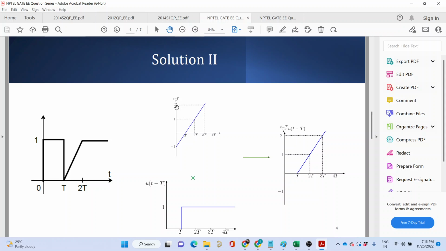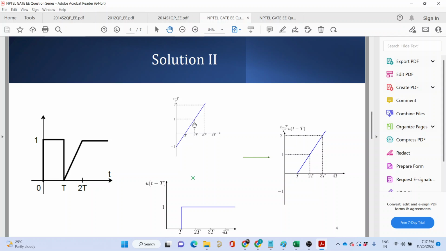Okay, sir. Right. So now this part of the ramp function, you do not want, because you do not want the rectangular pulse that you have obtained to be affected by this part of the function. So what you do, you multiply this with a unit step function which is shifted by amount T. So when t is less than capital T, it would be 0.